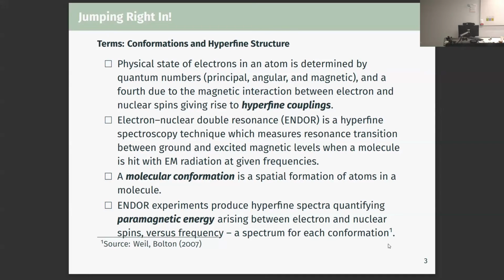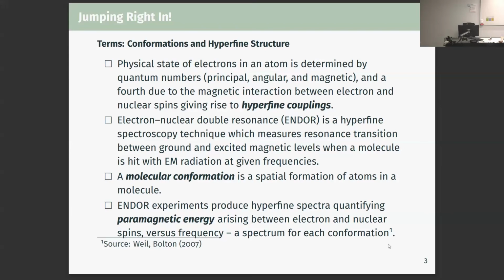The phenomenon that it arises is called Hyperfine coupling, and there are spectroscopy experiments called ENDOR and others that measure the hyperfine tensor.